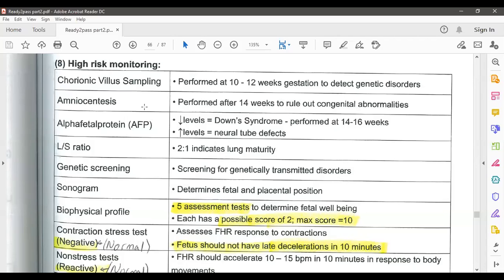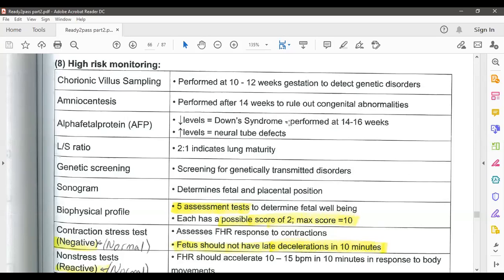So a needle is passed under ultrasound guidance to collect fluid for analysis. This test is usually performed after 14 weeks, right? It rules out congenital anomalies or chromosomal abnormalities.